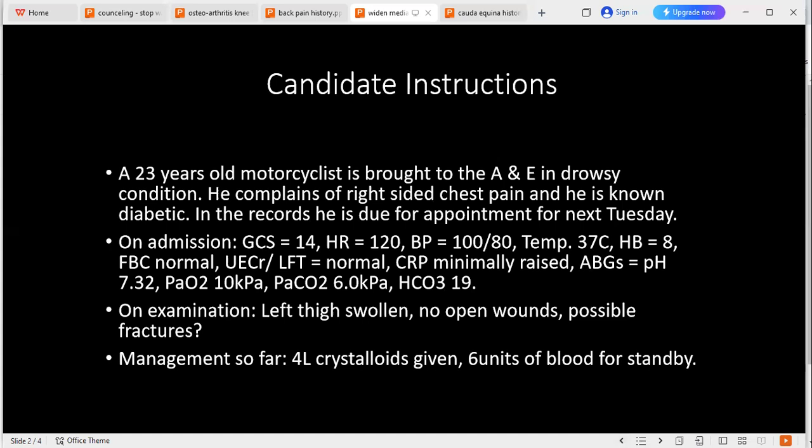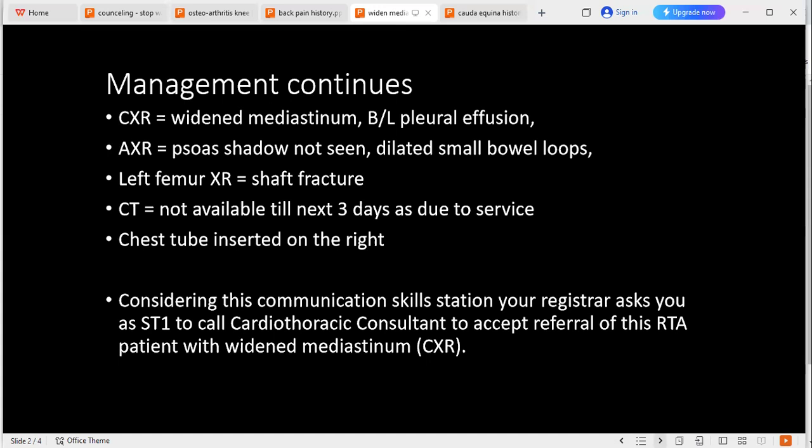In the pH, he has acidosis, and his chest X-ray shows widened mediastinum. His abdominal X-ray showed absent psoas shadow, and he has left femur fracture in the shaft.